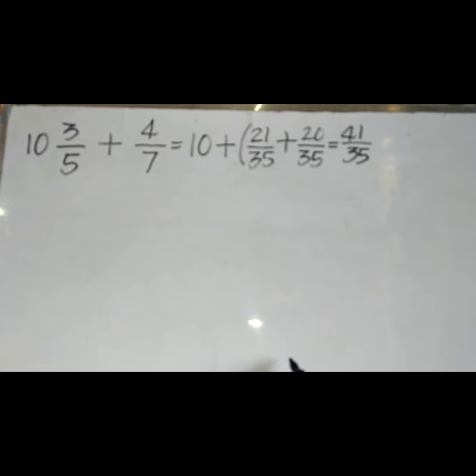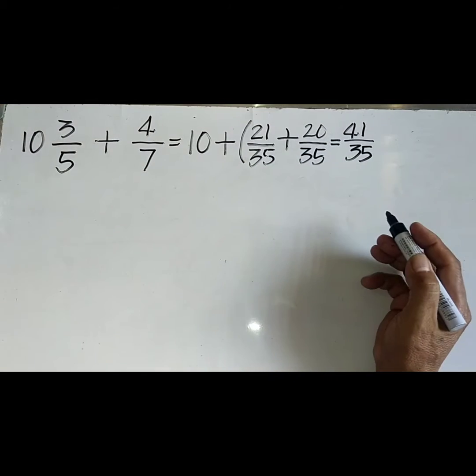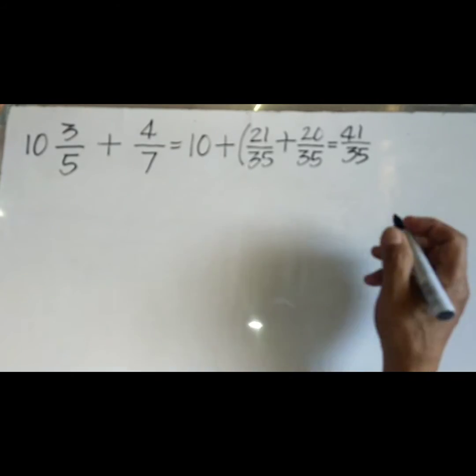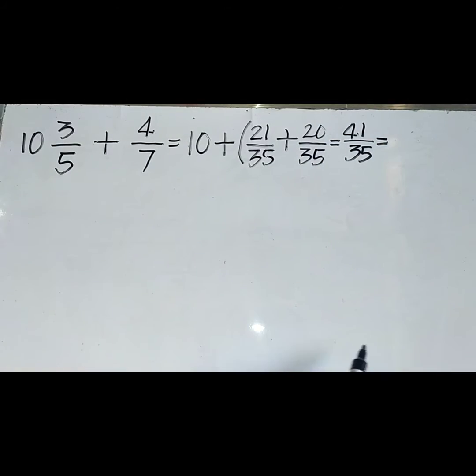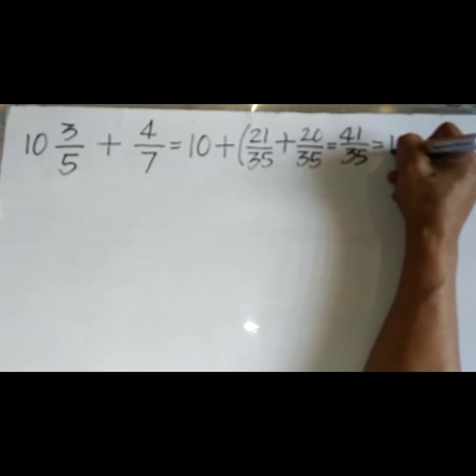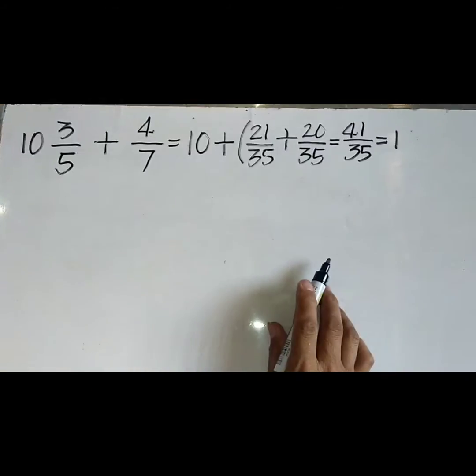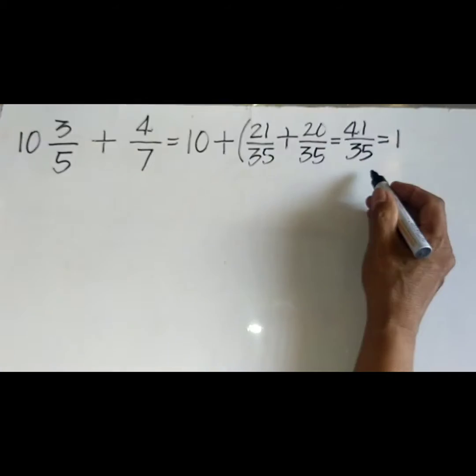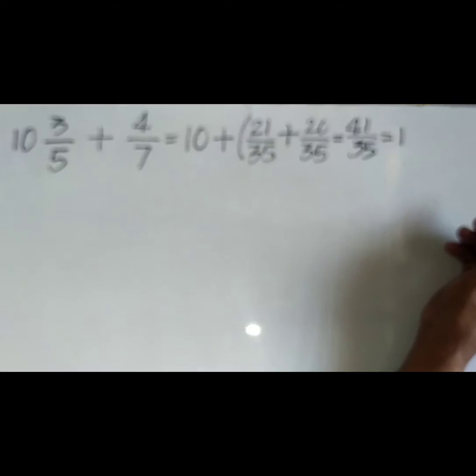Since this is an improper fraction, we are going to change this into a proper fraction. How to do it? We will divide the numerator by the denominator because the numerator is bigger. How many 35 are there in 41? Of course, there is only one. So since there is only one 35, we have the remainder, which is 6. 41 minus 35, we have 6 as the remainder.